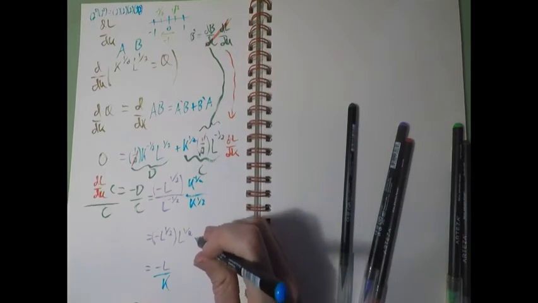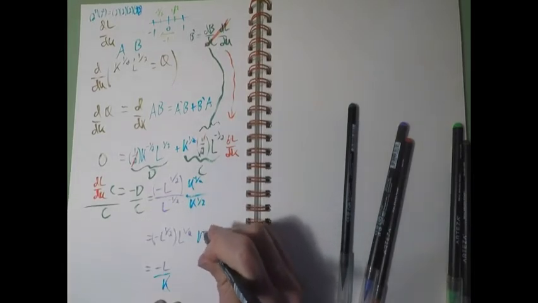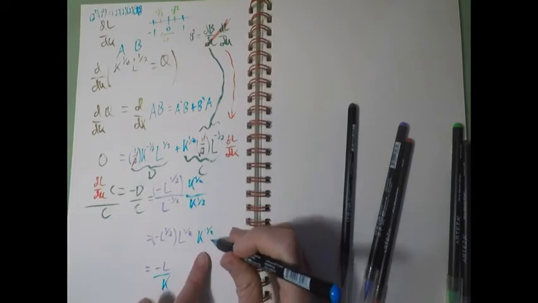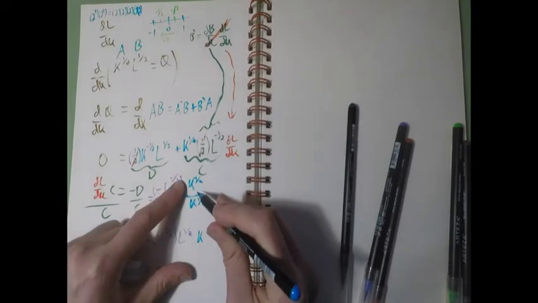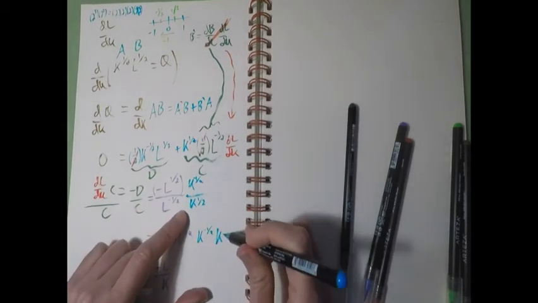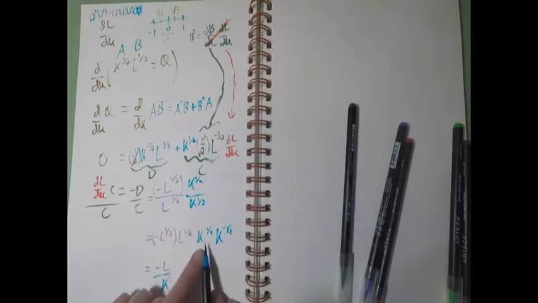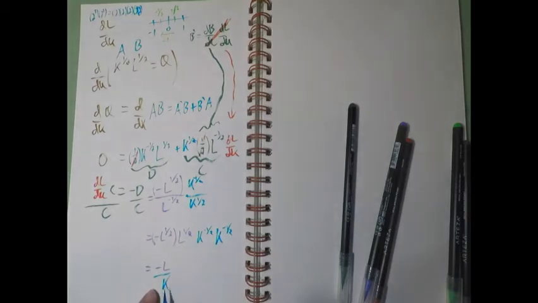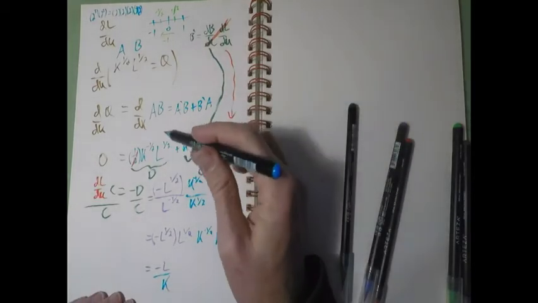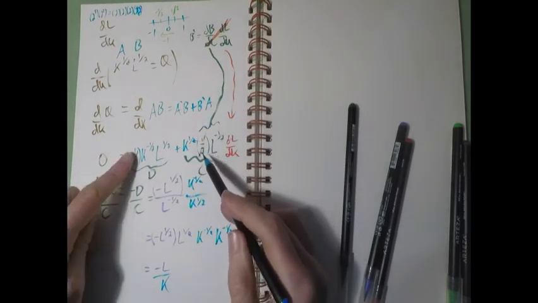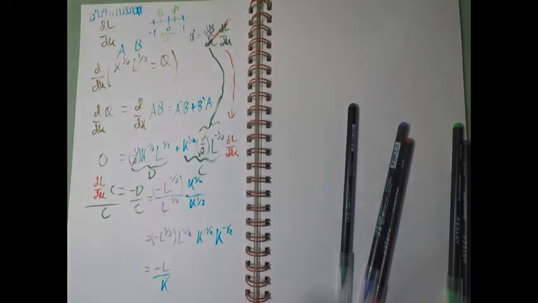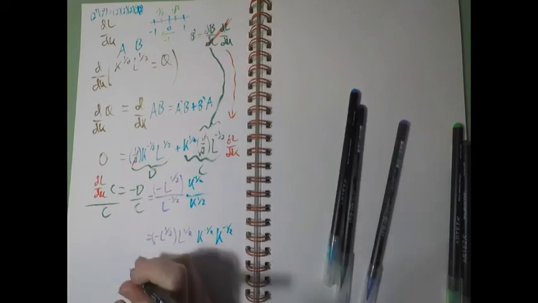Again, this is all multiplied, so this is k to the negative 1/2, and then this one we could also just rewrite as k to the negative 1/2. And again, we add these two together, we're going to get k to the minus 1, which is the same as 1 over k. So we've taken care of the k's, we've taken care of the L's, we've taken care of the 1/2s, which just cancel. So we could say 1/2 over 1/2, but that's just this. And then we still have that dL dk over there.